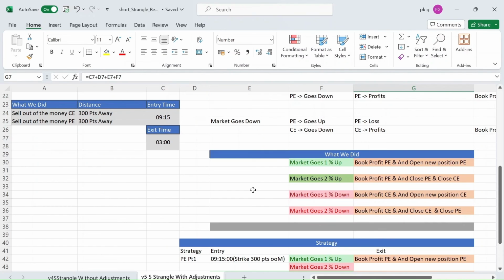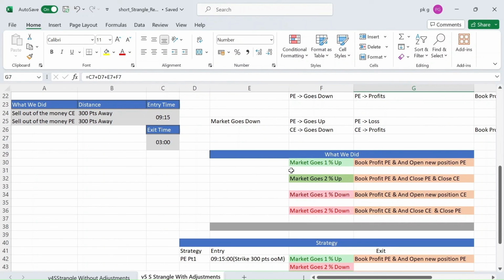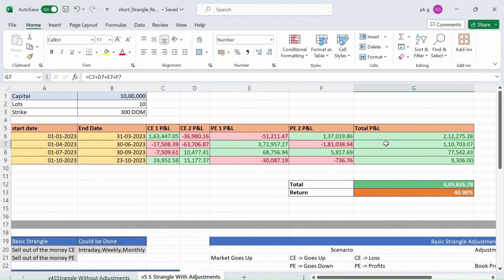Let's say the market went like 1% up, then we will adjust PE, and let's say it took a reverse turn, then again we will make losses in PE. In that case, if we didn't do any adjustments, the market at the end of the day would be in the same position as it started, so we would have made profits. But with this kind of adjustment, our profit for the entire quarter has been reduced.